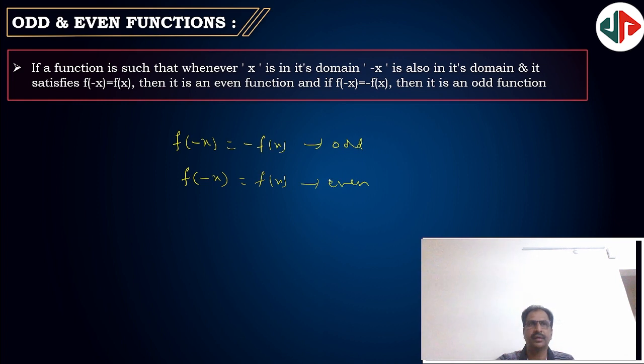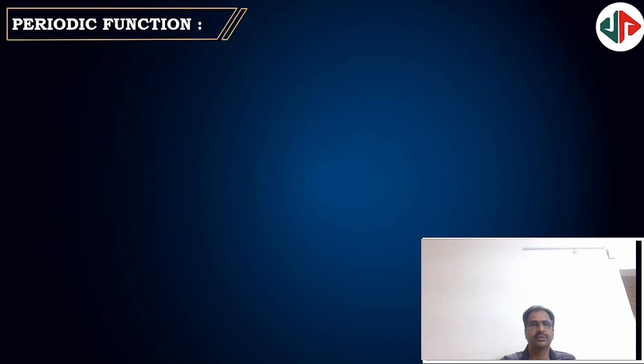If you get f of minus x as negative of f of x, then it is odd. If we get f of minus x as the same as the given function f of x, it is said to be even. So to know whether the function is odd or even, you need to find f of minus x. If it is minus f of x, odd function. If it is f of x, even function.